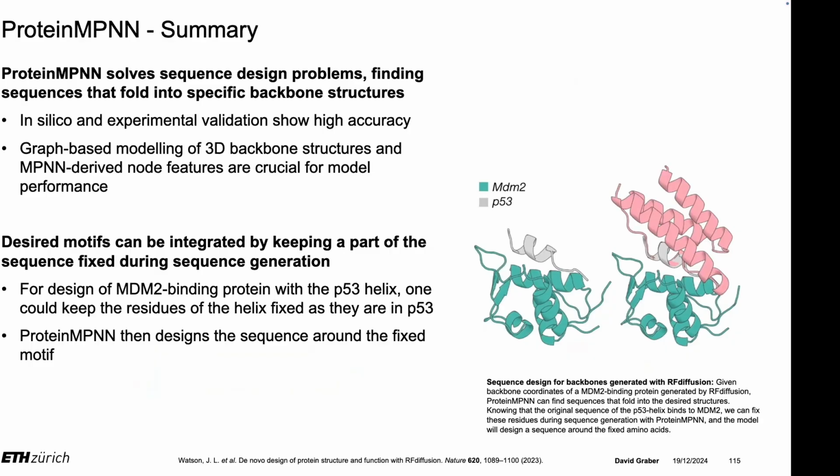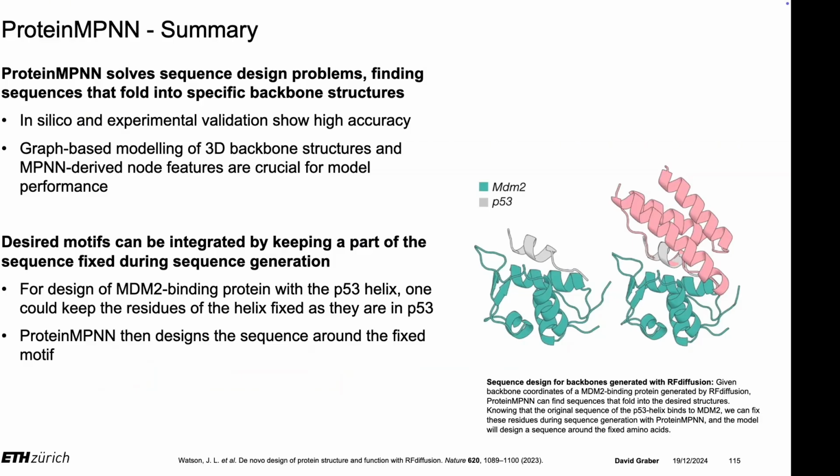And this graph-based modeling of the 3D backbone and the message passing derived node and edge features are crucial for this model's performance in choosing amino acids that fit at the specific location. An interesting and important aspect is also that desired motifs can be integrated by keeping a part of the sequence fixed during the sequence generation process.